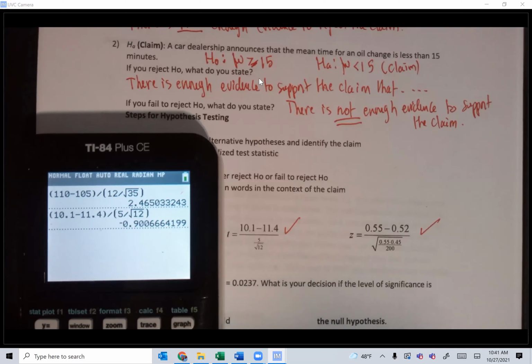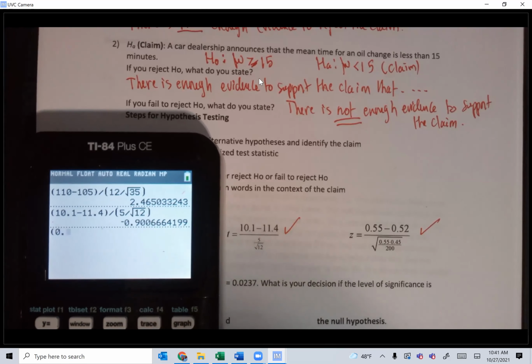And the next one, let's do the last one. This is for the proportion Z: 0.55 minus 0.52 divided by the square root of 0.55 times 0.45 over 200. I open the square root and just put the division here.